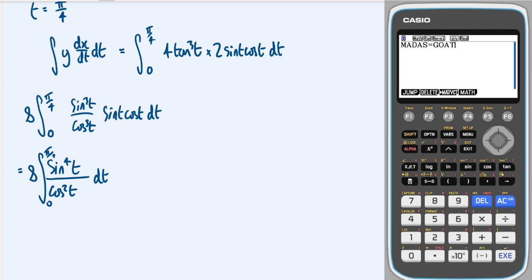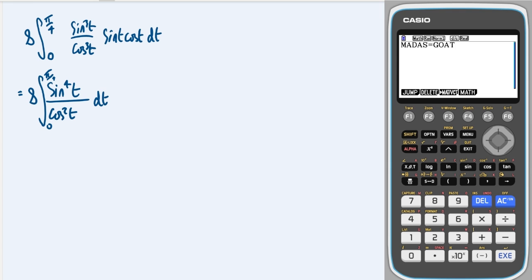Okay, well, I'm afraid we're going to have to replace the sine to the power 4 here, and we want it all in terms of cos. So what I'm going to do is write it as 1 minus cos squared t times 1 minus cos squared t, which is the same as sine squared times sine squared, which is sine to the 4, all over cos squared t.